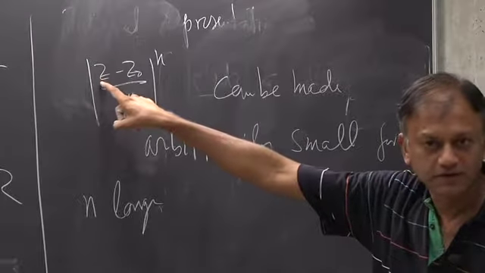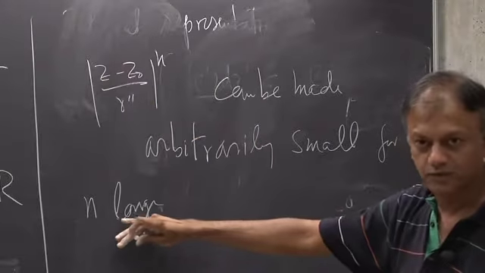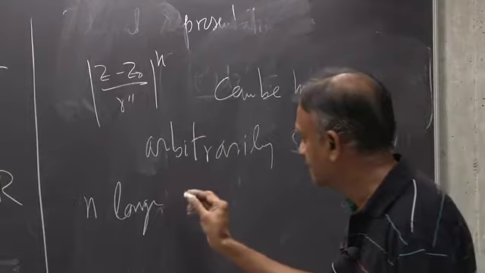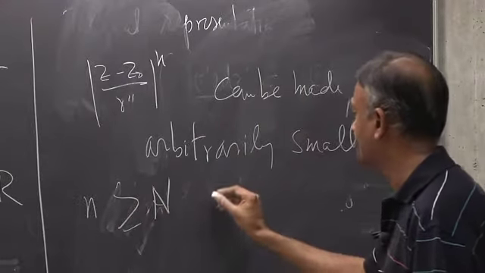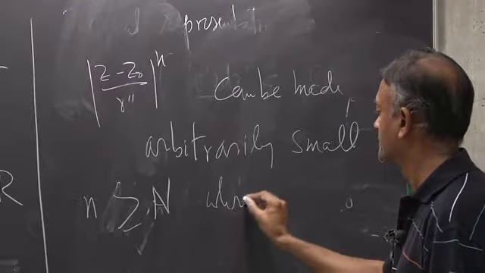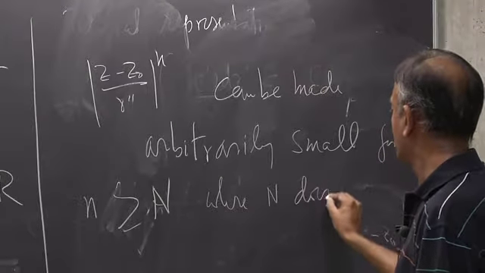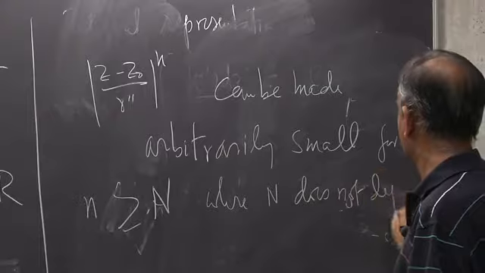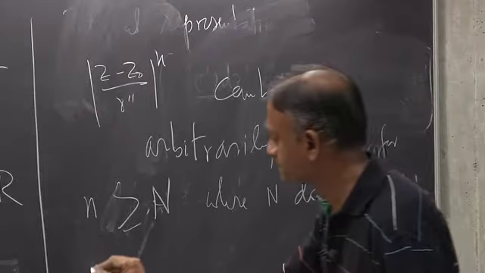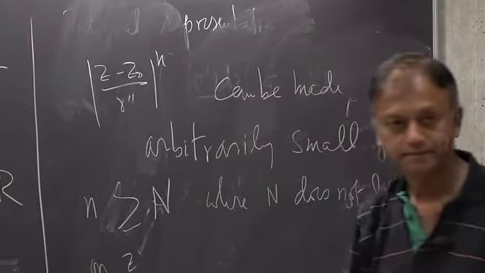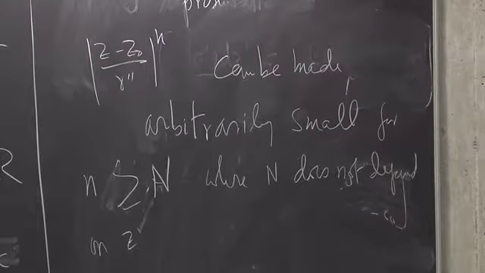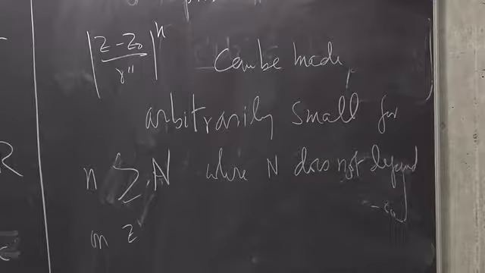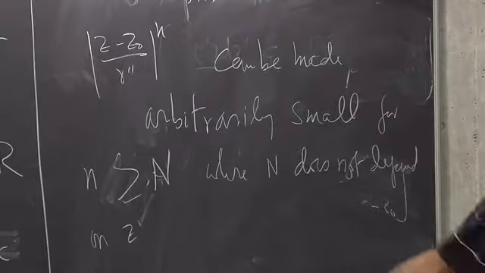This is where the uniformity comes in. This is true for any convergent series, but the statement is that n is greater than or equal to some capital N, where capital N does not depend on z. Is that point clear? Last point, is this point clear?